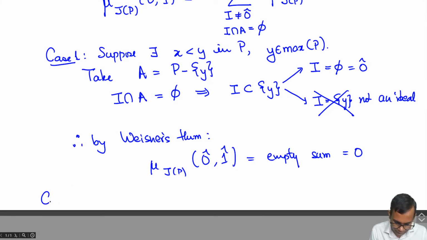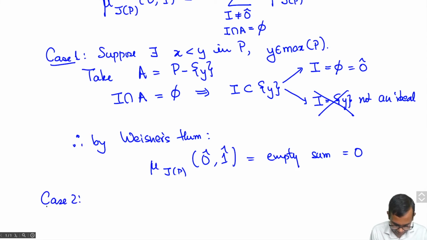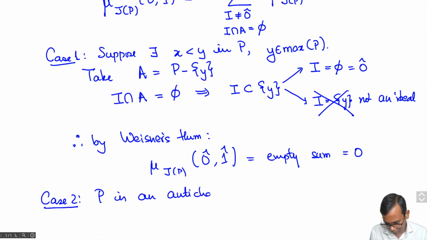Now the only other case is that P is an antichain. In this case, Jp is just 2 to the power P, the power set of P. And we already know the Mobius function for this partially ordered set.